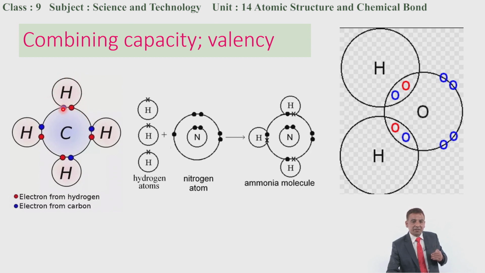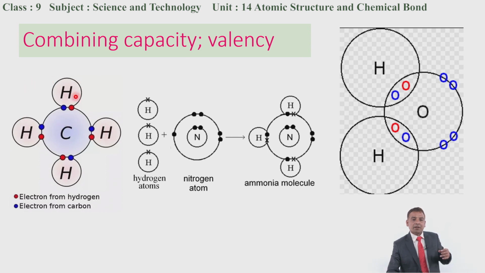But in the larger orbit of carbon, you will see altogether 1, 2, 3, 4, 5, 6, 7 and 8. So carbon is attaining the octet state. This structure is the molecule of methane. In methane, 1 atom of carbon is involved, along with 4 atoms of hydrogen, for making the molecule of methane.